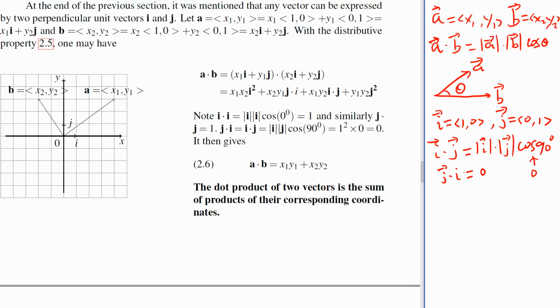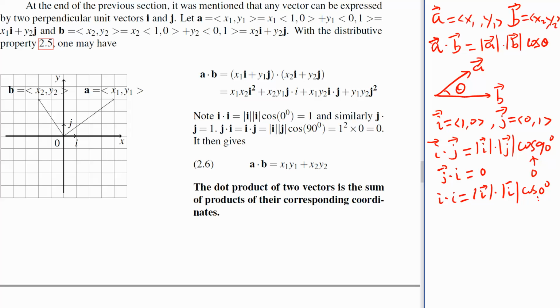Okay, so then how about I dot I? I dot I, then it will be length of I times the length of I cosine 0, because it's the same vector, and then the degree, of course, is 0 degree.